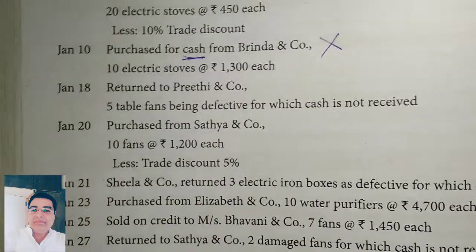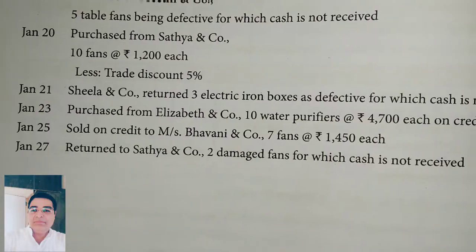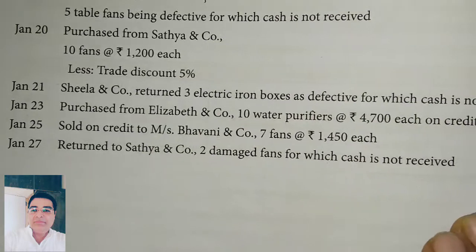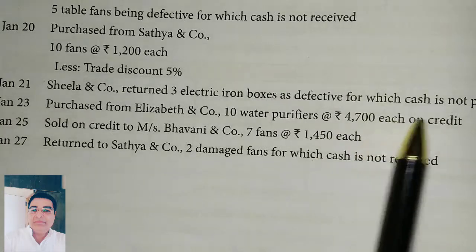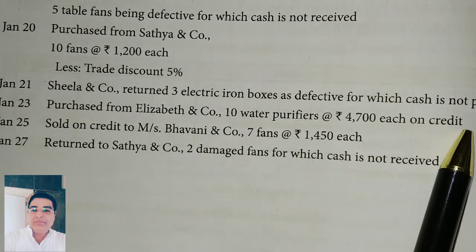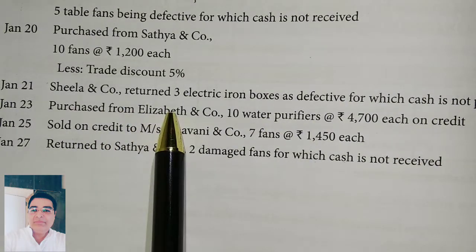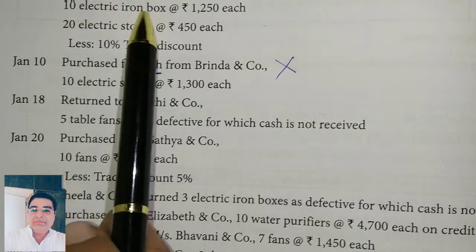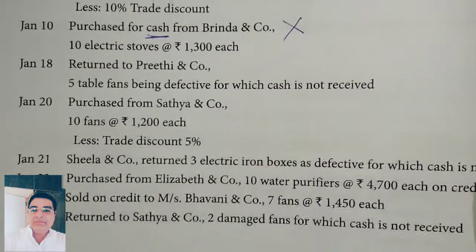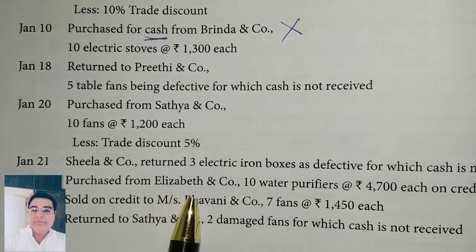Then you have to write January 21, that is Sheila and Company return 3 electric iron boxes as defective for which cash is not paid. So where you have to write Sheila and Company? Sheila came in January 5, sold to Sheila. So you have to write this Sheila and Company return in sales return book.